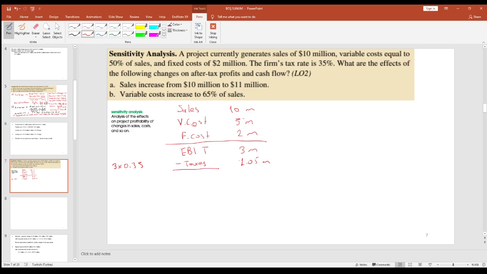So this is equals to, ladies and gentlemen, net income 1.95 million. Since there is no depreciation, I have nothing to add back to net income. So which means in this case net income is also cash flow. So A, in case of A, you need to do this.